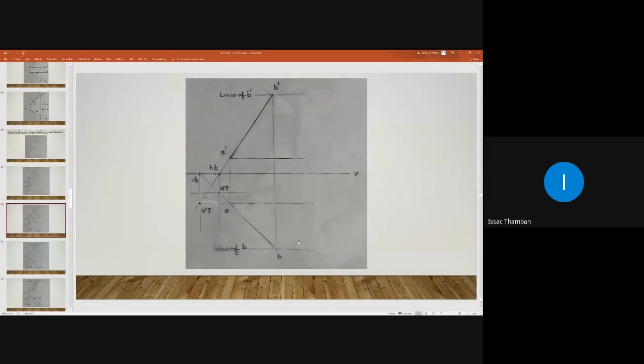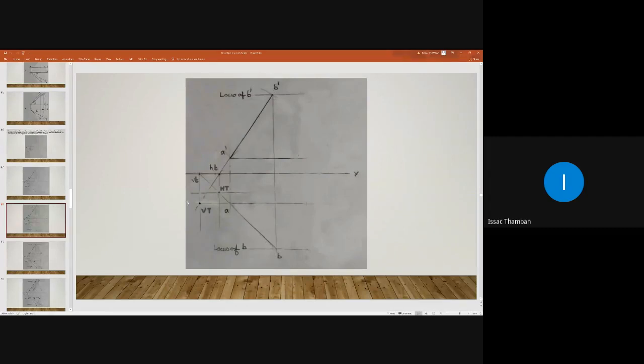Do it. Finish? Yes, sir. Okay. So we obtain the elevation and the plan.